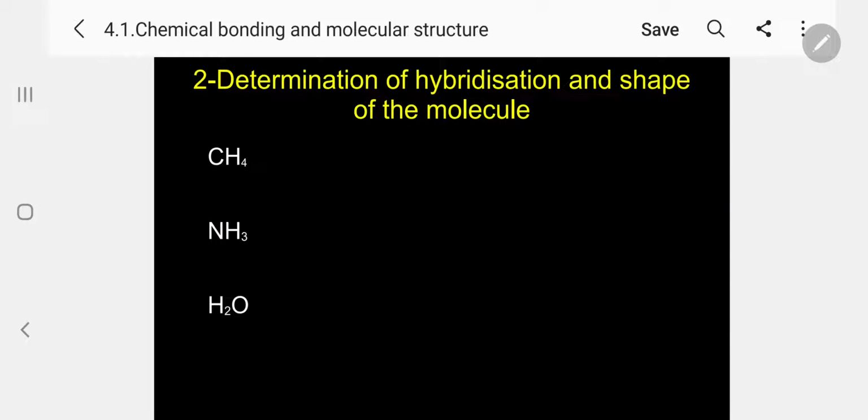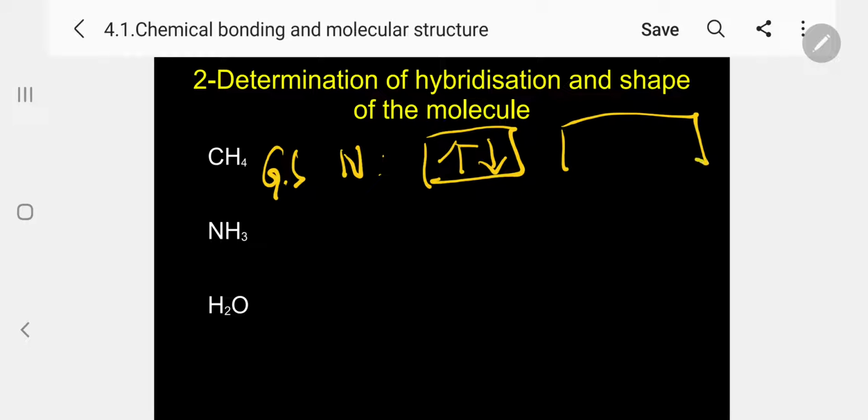Let me come back to nitrogen, ammonia. The nitrogen ground state is 2s2 2p3. This is the most important. My dear students, carefully follow.